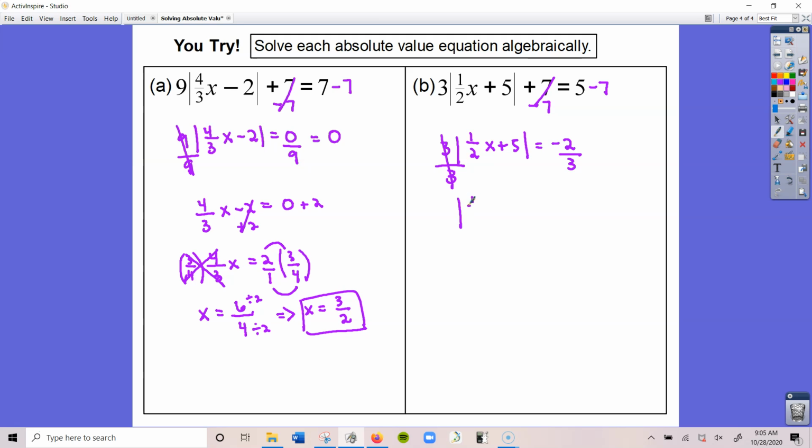No matter what, you always want to do this first. And then we evaluate what the answer looks like. Since I have that it equals negative 2 over 3, absolute value can never be negative. So this is an example where there is no solution. And that's solving absolute value equations algebraically.